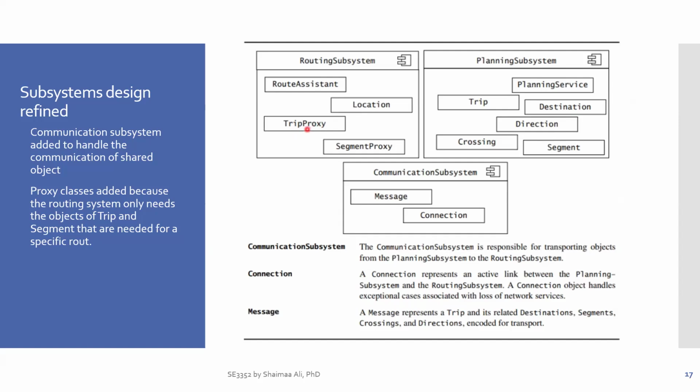So we can introduce a proxy for the trip and a proxy for the segment, which are lighter versions of the trip and the segment here. And we can introduce this communication subsystem that would be responsible for sending what is needed from the planning subsystem to its lighter version in the routing system. So that would be a refinement that we considered, and this is the new version of the design so far.